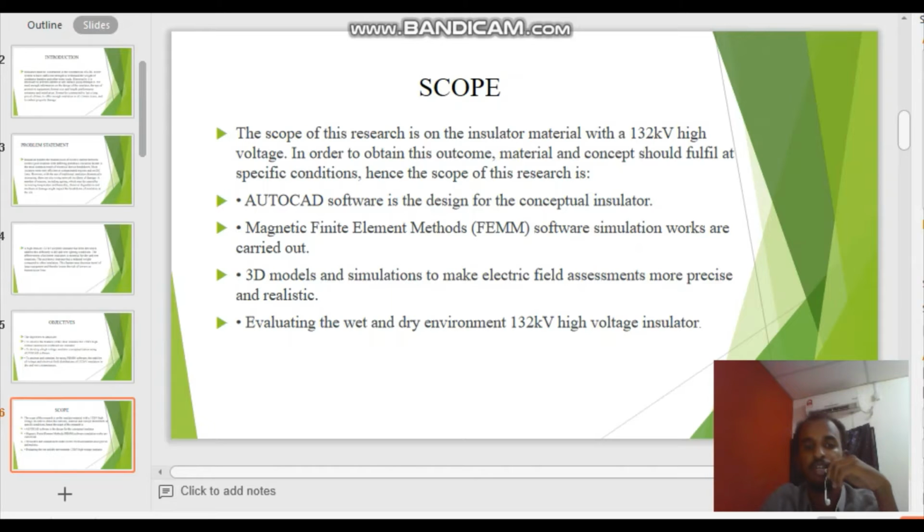Two, magnetic finite element method software simulation work is carried out. Three, 3D models and simulation to make electric field assessment more precise and realistic. Four, evaluating the wet and dry environment in a 132 kV high voltage insulator.